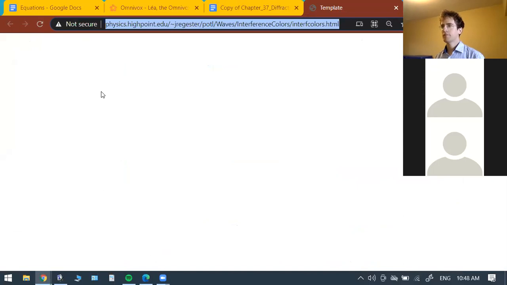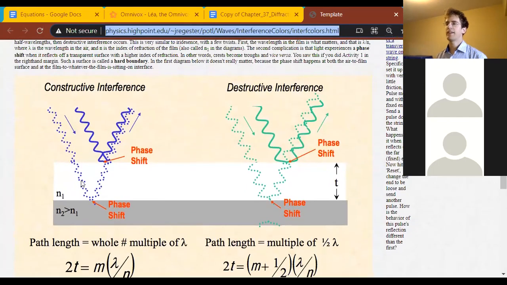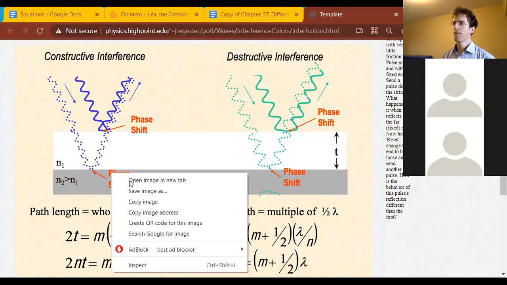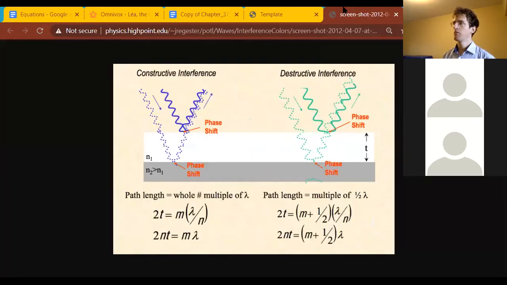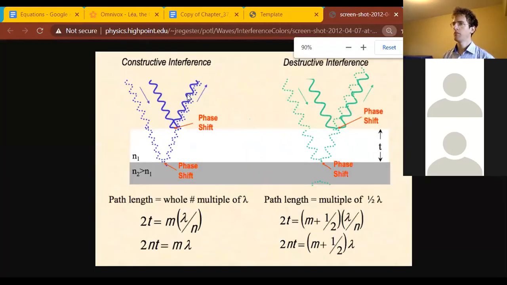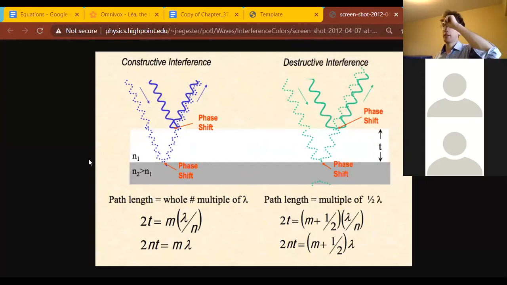Consider the case where the light enters a new medium N1, and now it comes out into another medium N2. In a situation where both the first medium and second medium act as a hard wall, both rays that emerge are actually in phase with each other.